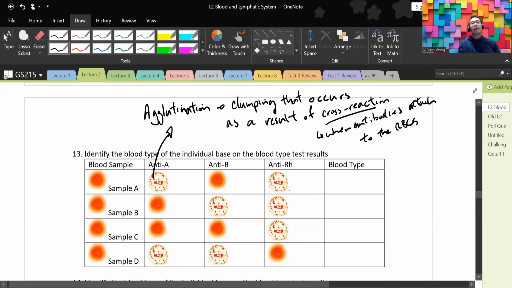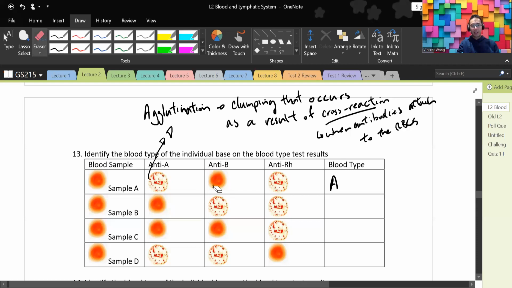Hemolysis, right? So why would the antibody clump to the RBC? Well, they would clump together if the blood group matches the antibody, right? So the fact that the sample reacts with antibody A tells you the sample contains type A blood.